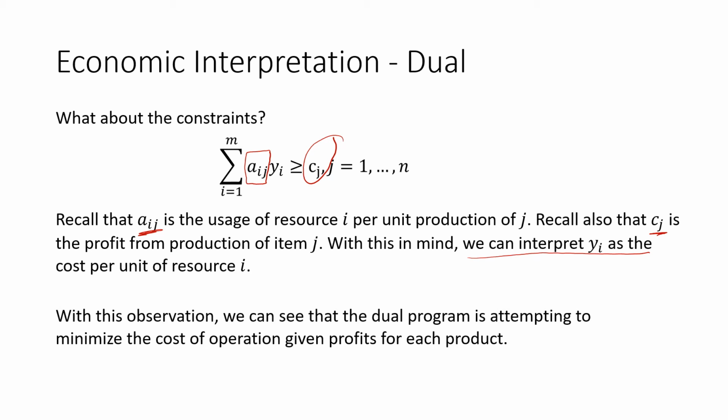So it is saying that the resources, the cost of operation for that item, is always going to be larger than or equal to the profit. What you are trying to do at equality is to bring those things together. The dual is saying we want to minimize the cost of operation for that product, but it is always going to be bigger than the profit.